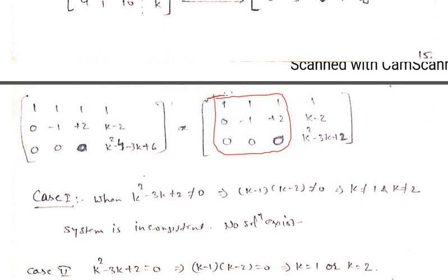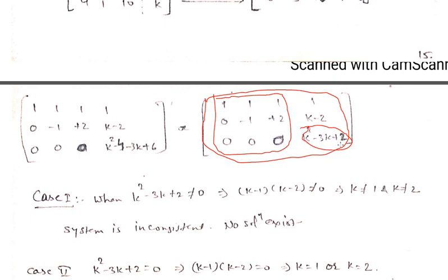If this term, k square minus 3k plus 2, is 0, the third row will be completely 0, and the rank of the augmented matrix and the rank of the coefficient matrix will both be 2, meaning the same. In that case, the system will be consistent.